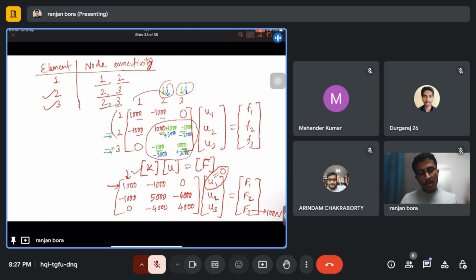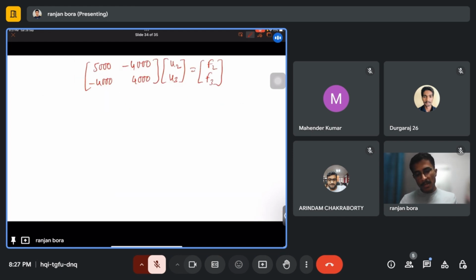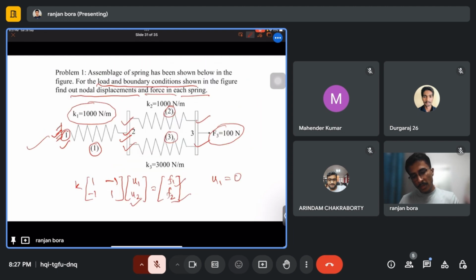Then we got this 2 by 2 matrix. And here F2 is not given in the question. You can see there is no force acting at node 2, so F2 is 0 and F3 is 100.